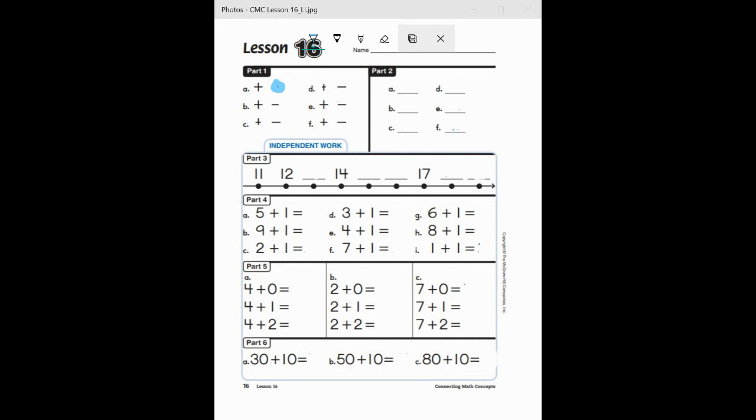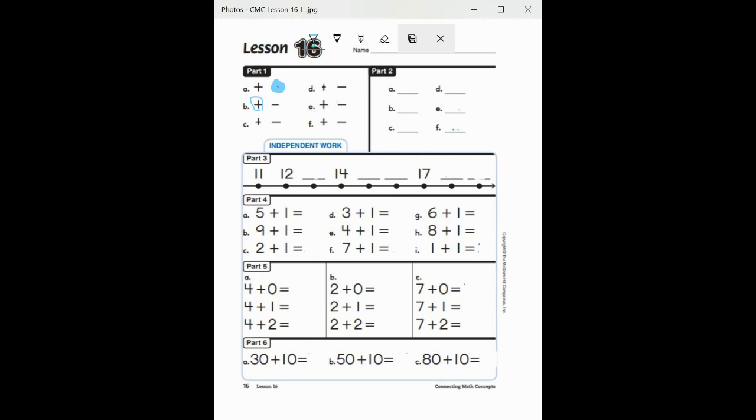So did the park plus or minus dogs? The park has more dogs. If 12 dogs went to the park, it now has more dogs. So you're going to circle the plus sign.